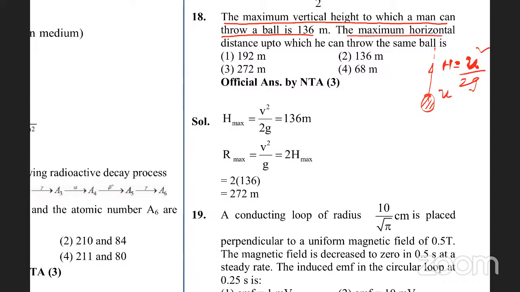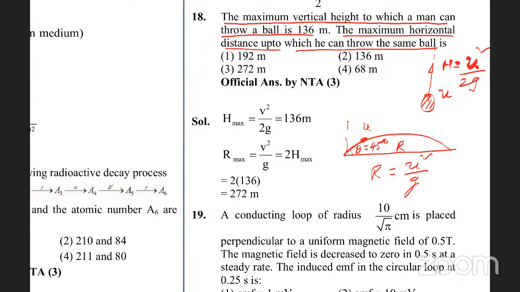And the maximum horizontal distance up to which he can throw the same ball. Maximum means the angle of projection must be 45 degrees. So the range is asked. Range is equal to u square by g sine 2 theta. Theta is 45, sine 90 is 1. So from that, you can find the answer is 272 meters. Third one.